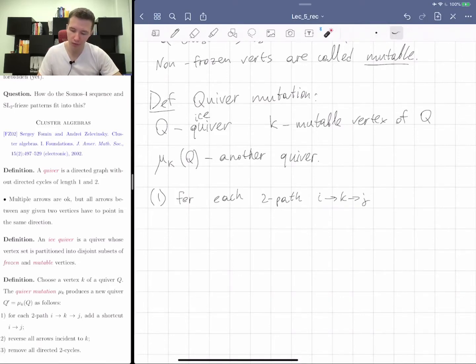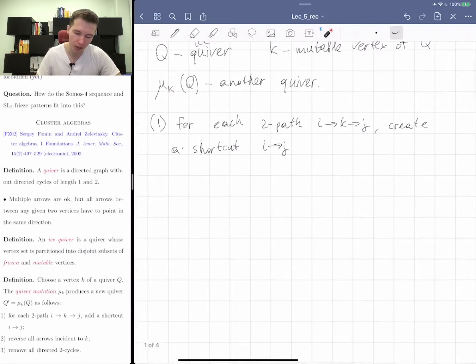So whenever you find an incoming arrow of k and an outgoing arrow from k, you create a shortcut, which is just another edge, from i to j. So whenever you see a pair of incoming and outgoing arrows, then you create this shortcut from i to j. That's going to be a new arrow in your quiver.